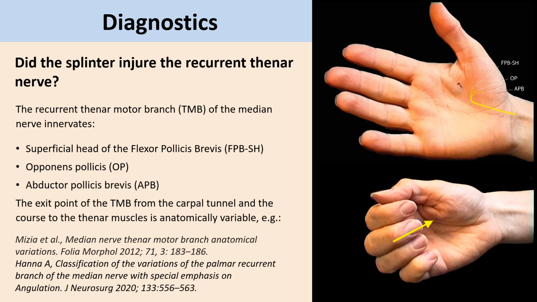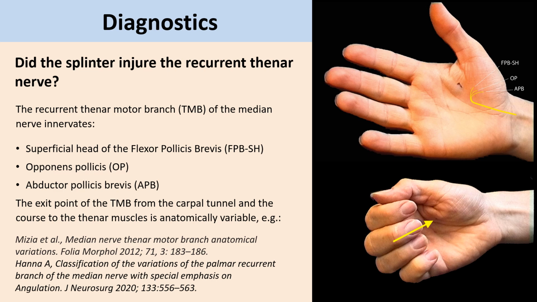Could the splinter have damaged the thenar thumb muscles? Did the splinter injure the recurrent thenar nerve? The thumb thenar muscles are innervated by the recurrent thenar motor branch, which splits from the median nerve at the level of the carpal tunnel.